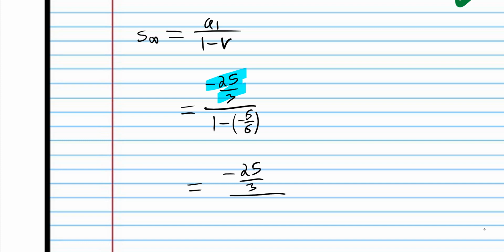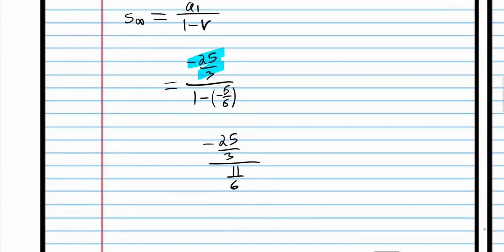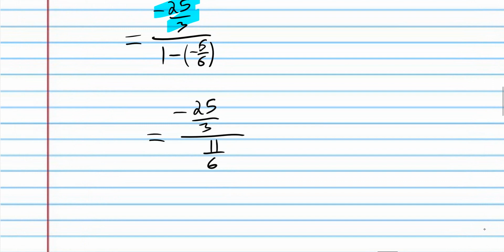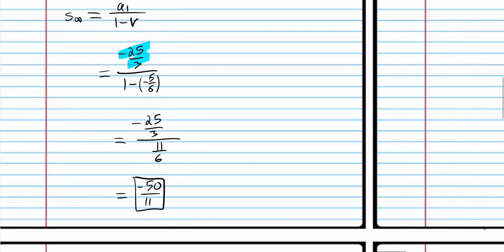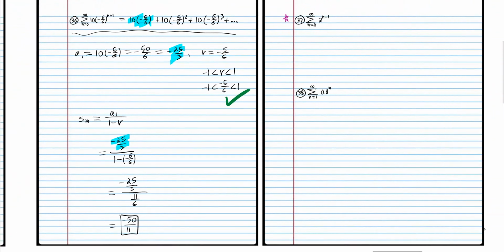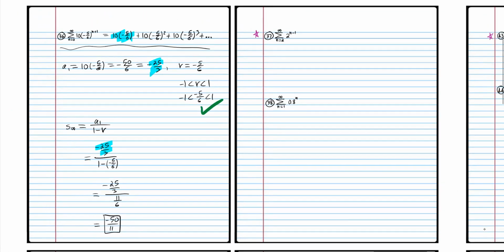And we have 1 plus 5/6, which is 11/6. And again, there's a lot of different ways to simplify a complex fraction in your head. But the easiest way is really just to multiply both sides of the fraction by 6, and we get 11 in the denominator and -50 in the numerator. So we added an infinite number of terms and got -50/11.